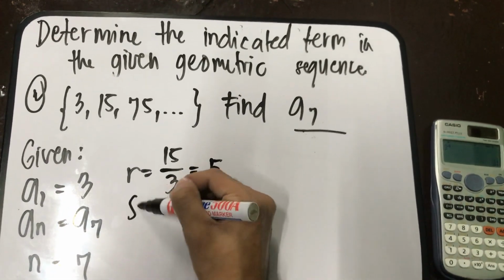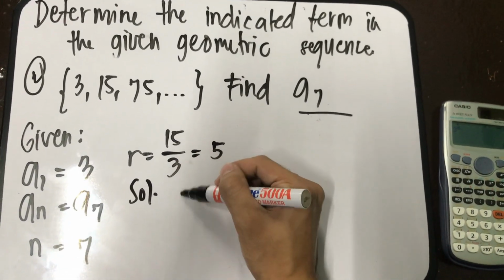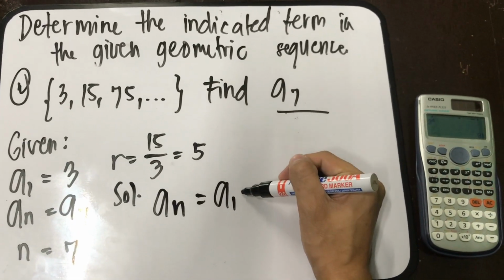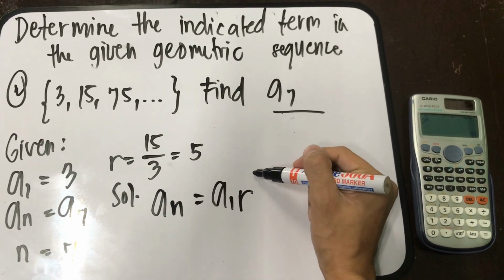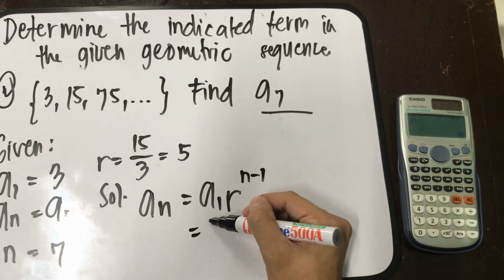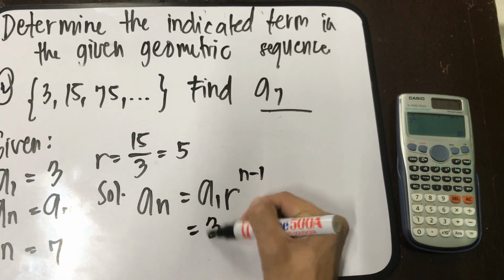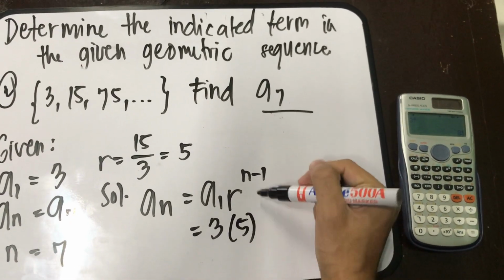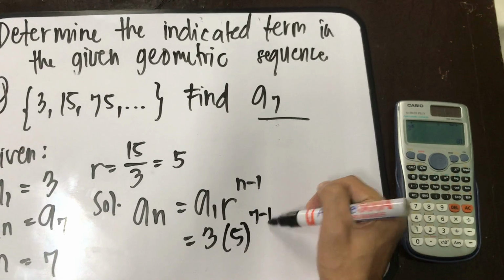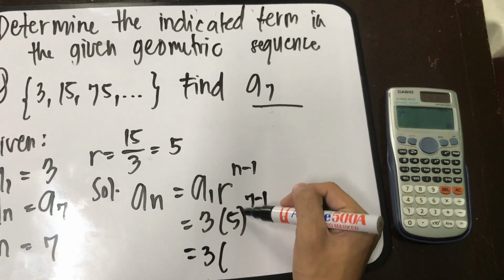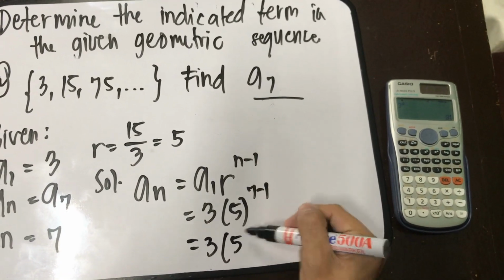Let's solve. Using the formula, a sub n is equal to a sub 1 multiplied by the common ratio raised to n minus 1. Substitute lang natin yung mga given natin. We have 3 times the common ratio of 5 raised to 7 minus 1, that is 5 raised to 6.